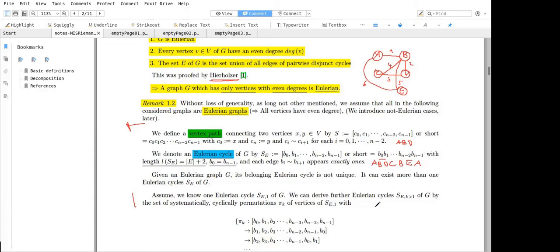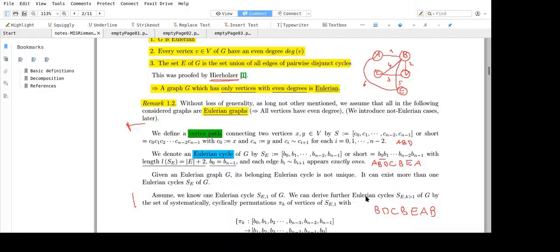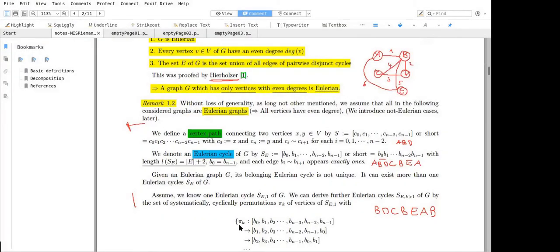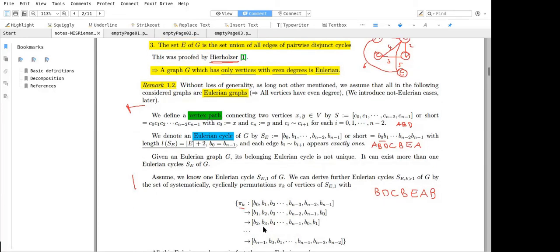We can also start at B and say we go B, D, C, B, E, A, B. It's in fact the same Eulerian cycle, nothing else. That's all we have here in this small writing regarding the permutation possibility.